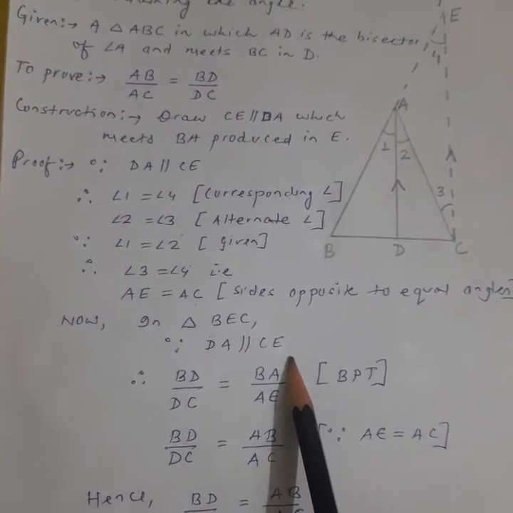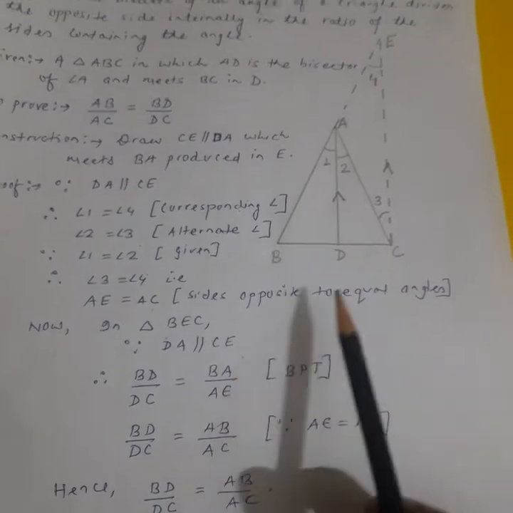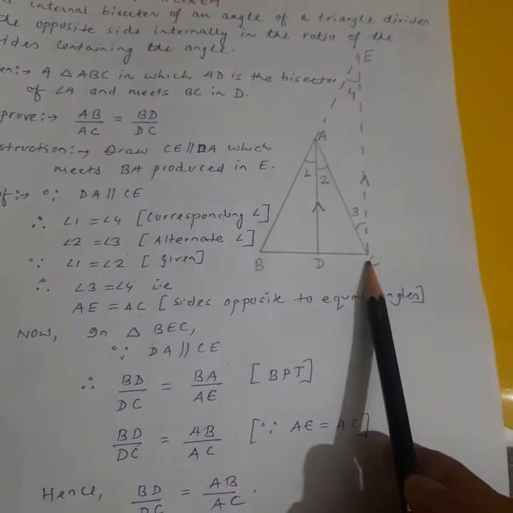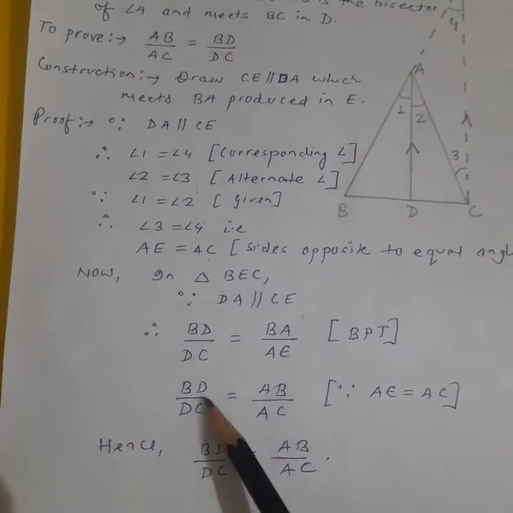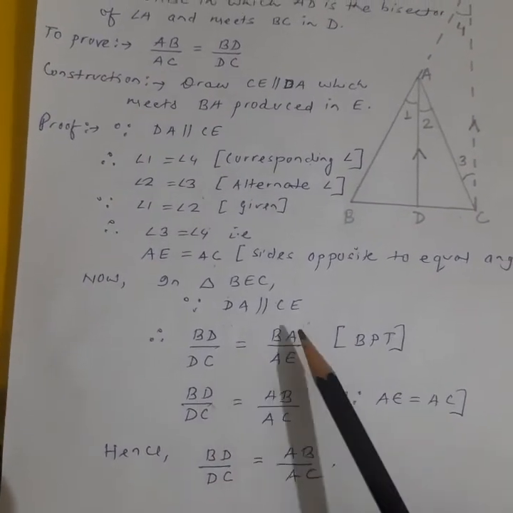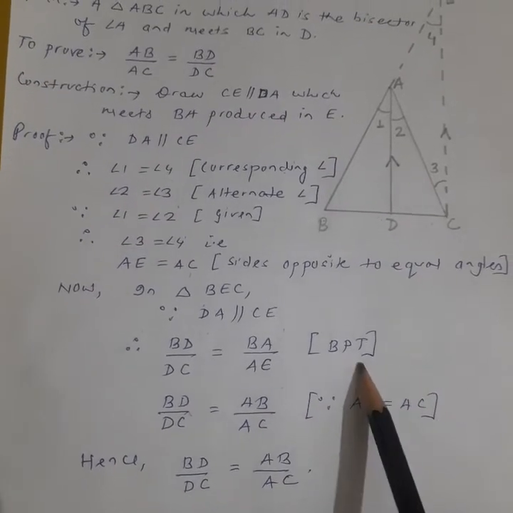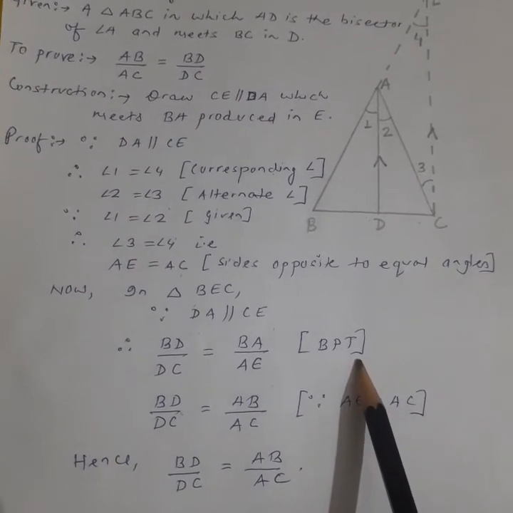So using the basic proportionality theorem, we can say that BD by DC will be equal to BA by AE. That is BD by DC equals BA by AE. That is the basic proportionality theorem or the Thales theorem.